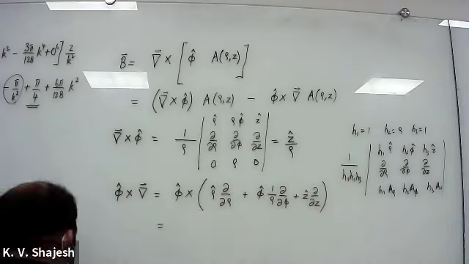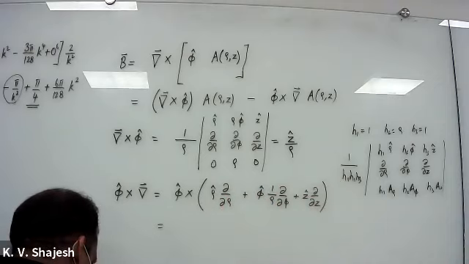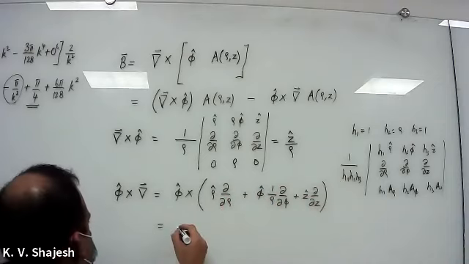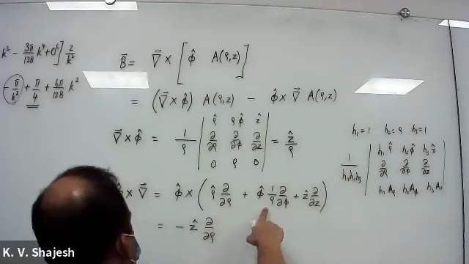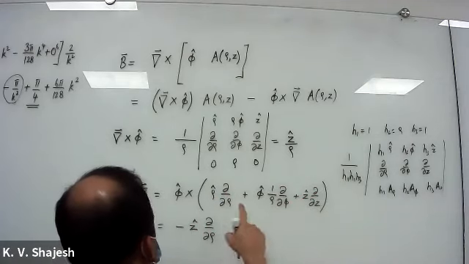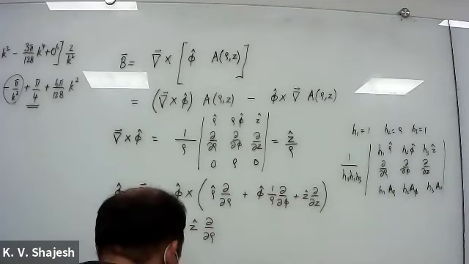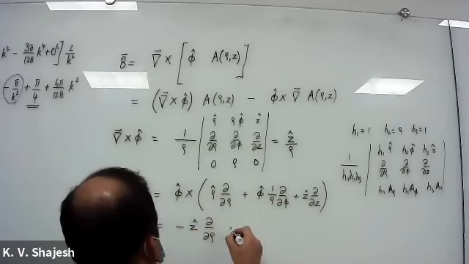Phi hat crossed with rho hat gives minus z hat. Phi hat crossed with phi hat is 0, and phi hat crossed with z hat is plus rho hat.